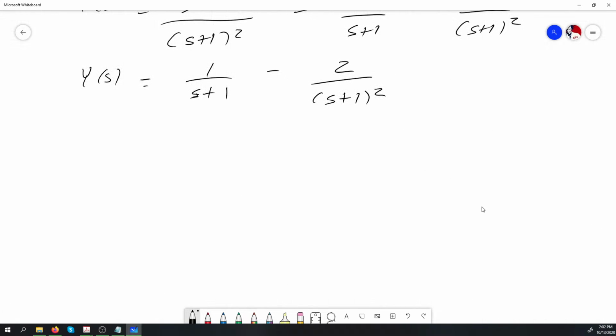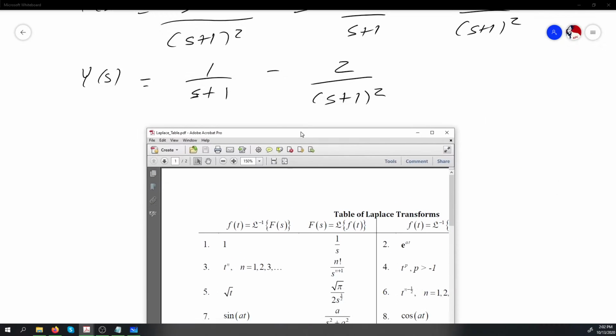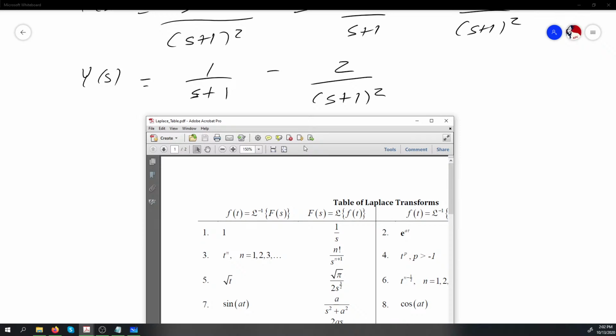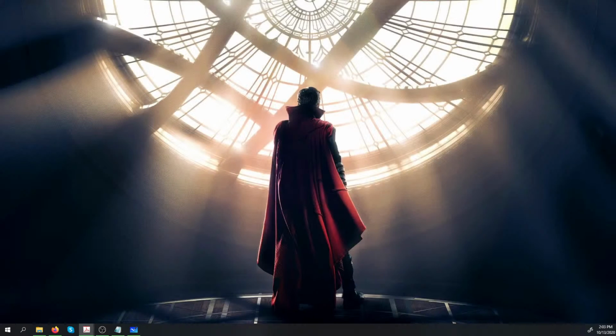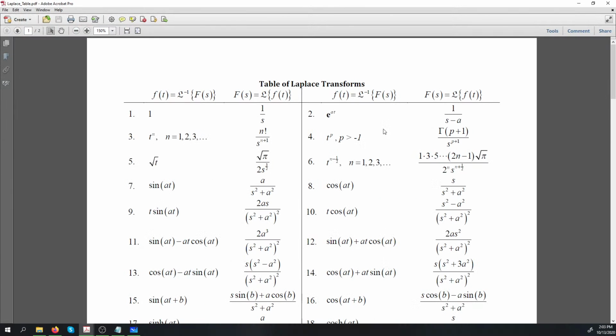And then let me bring up the Laplace transform table here. If we watch our Laplace transform table, we can see that for anything that's s plus 1 and s plus 1 all squared, the associated Laplace transforms will basically be our exponents here.